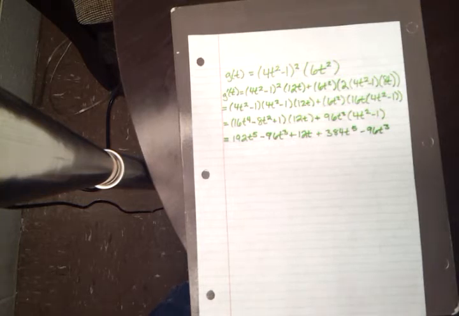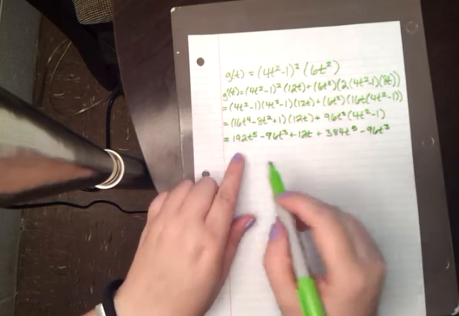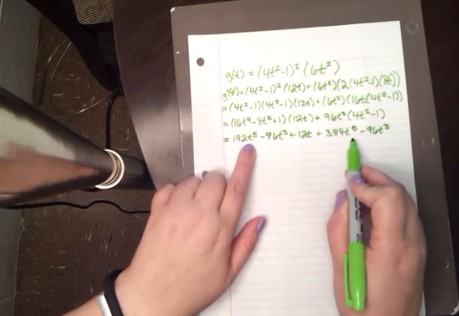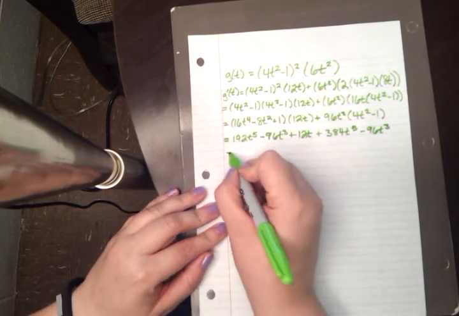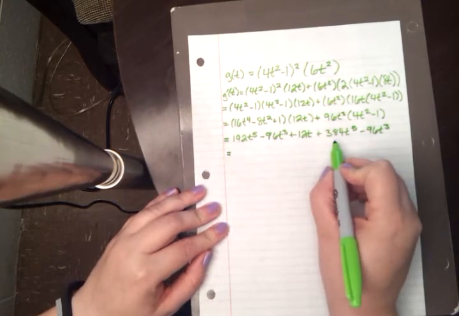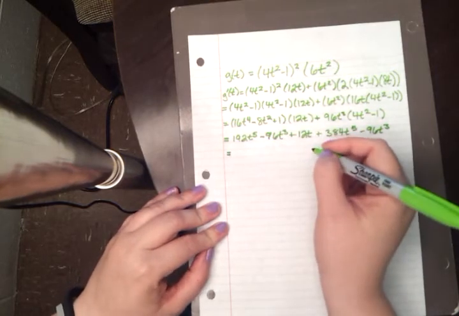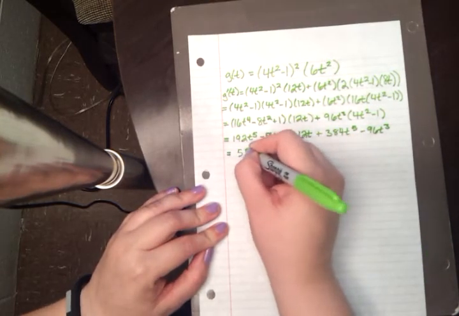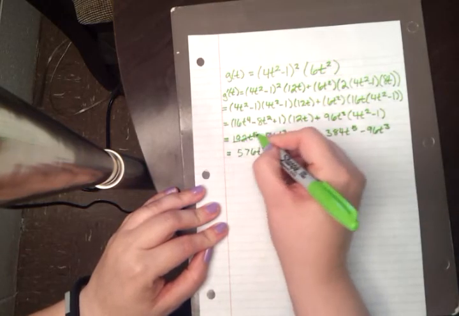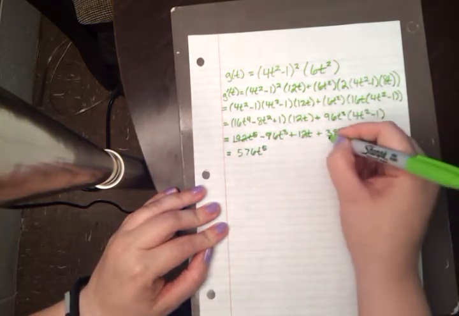So let's go ahead and write down the simplification, because we've got two terms that have t to the 5th. So we can combine those, and 192 plus 384 is going to give us 576t to the 5th. So we've canceled out these guys.